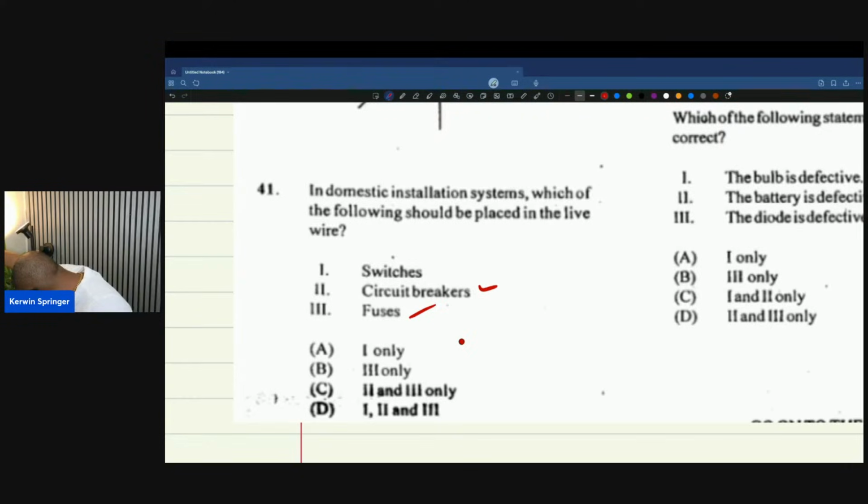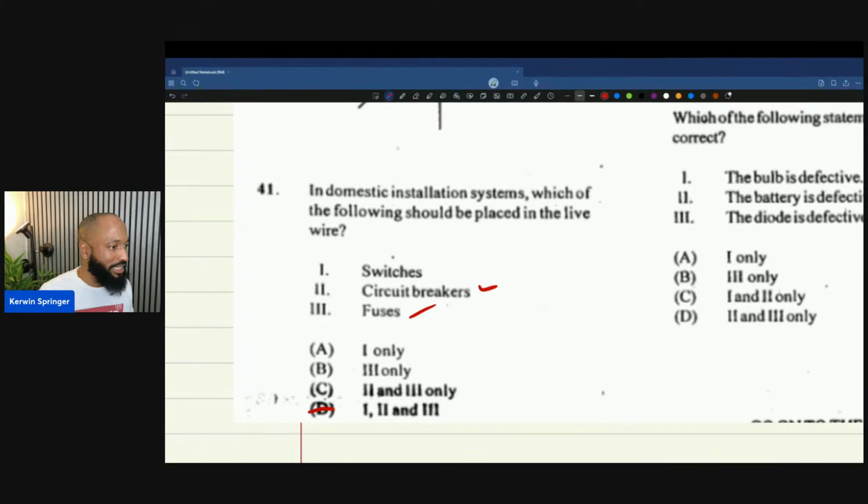I can't remember this one. When I was wiring my house, I placed the switch in the live wire, and the house working good. So yeah, we'll go with D now. You switch in the live, you throw everything in the live. You want the circuit breaker, the fuses, everybody in the live.